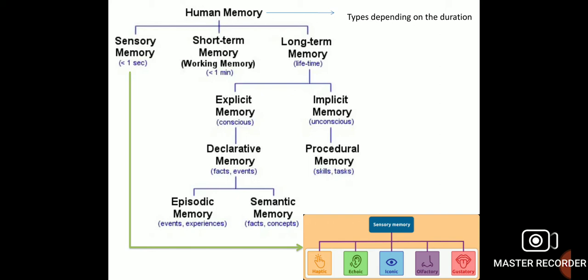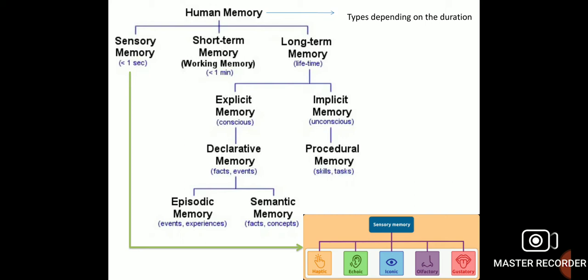Touch, smell, taste, these are all sensory memories. Further, long term memory is divided into two types, explicit memory and implicit memory. If you are unconscious, you can still do procedural things.